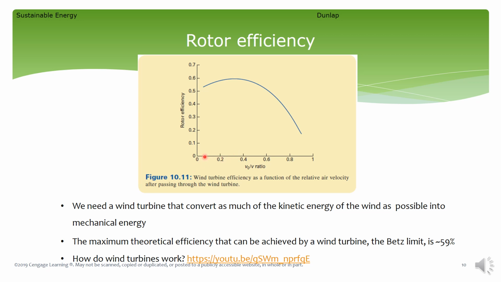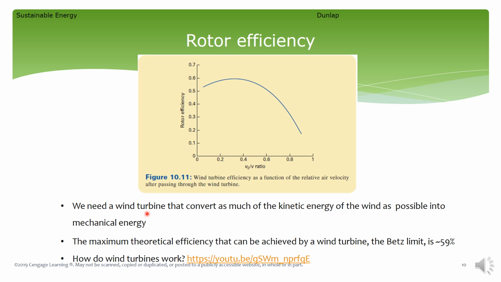But for some reason, if the relative velocity is lower, rotor efficiency decreases. There is some physical meaning, and we can understand it by using mechanical physical calculation.